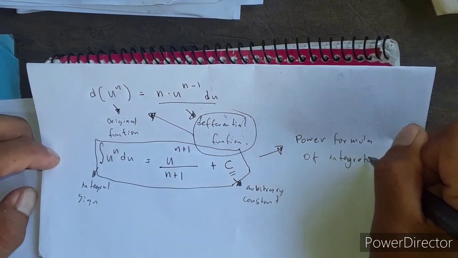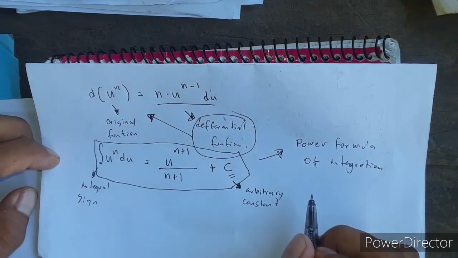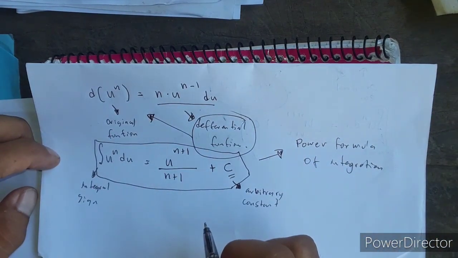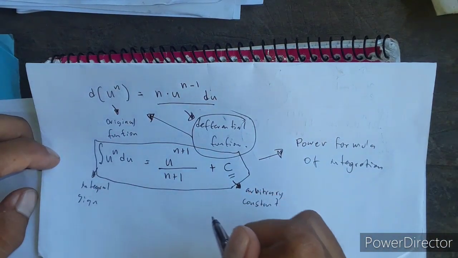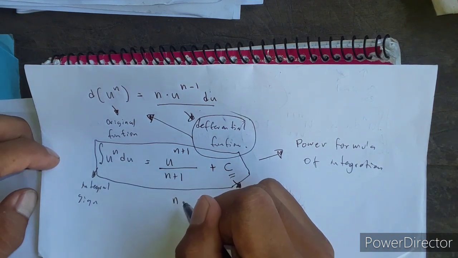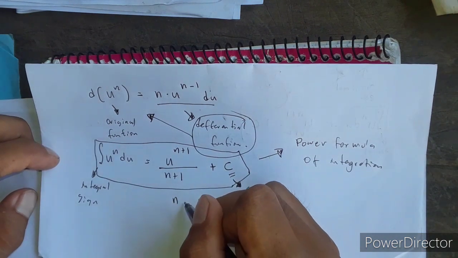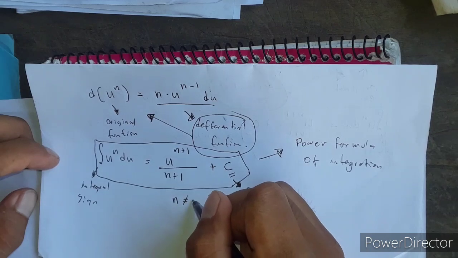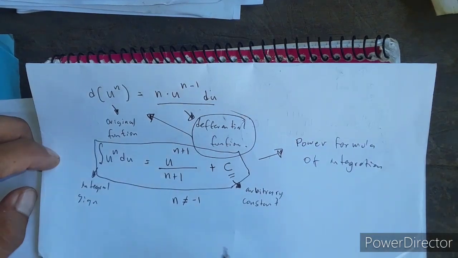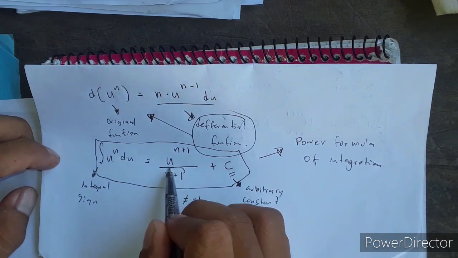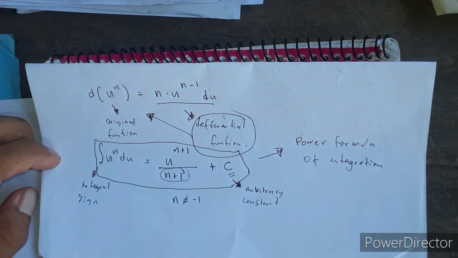This formula is only applicable when the power n is not equal to -1, because if it is equal to -1, the denominator would be 0, so the expression will be undefined.